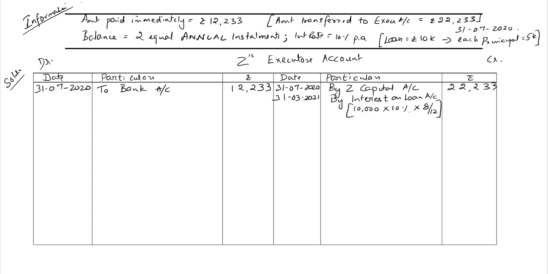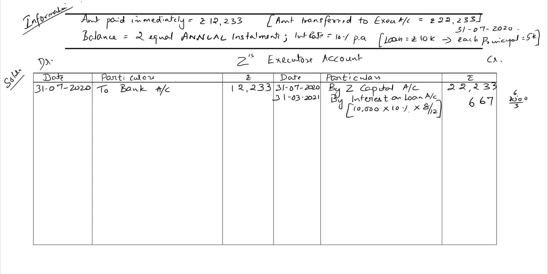So it's 1,000 rupees into 2 divided by 3. 667 rupees. So the year is over.